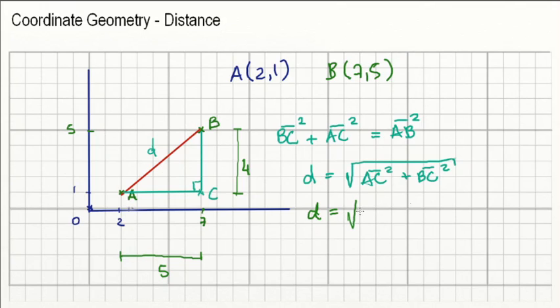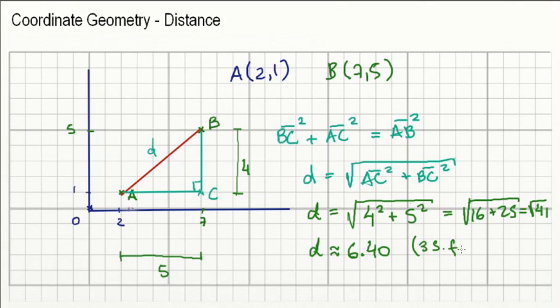So this is in fact root of 4 squared plus 5 squared. That's root of 16 plus 25, and that's going to be an ugly square root of 41. And that is approximately 6.40 if we keep this up to 3 significant figures.